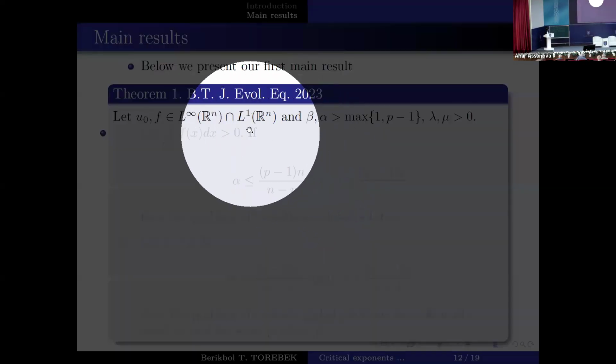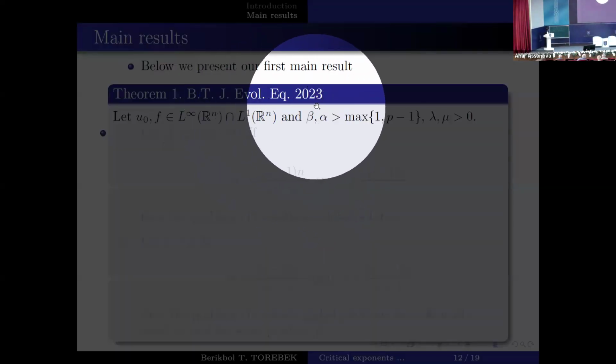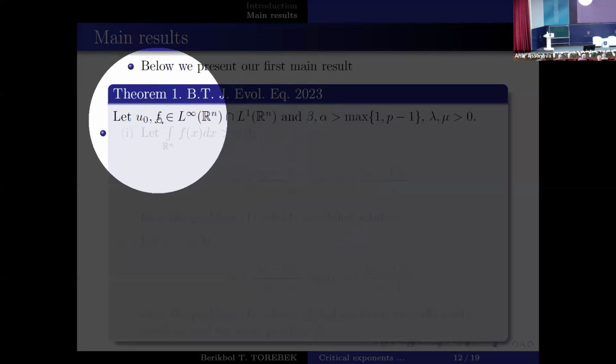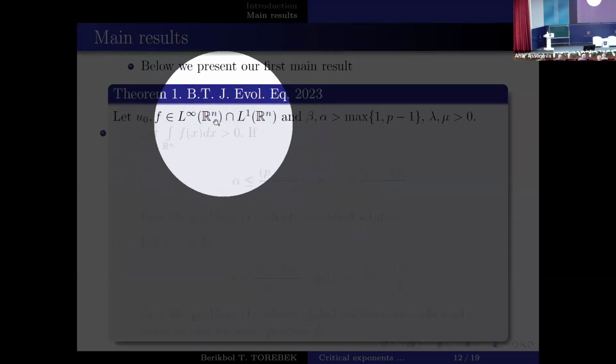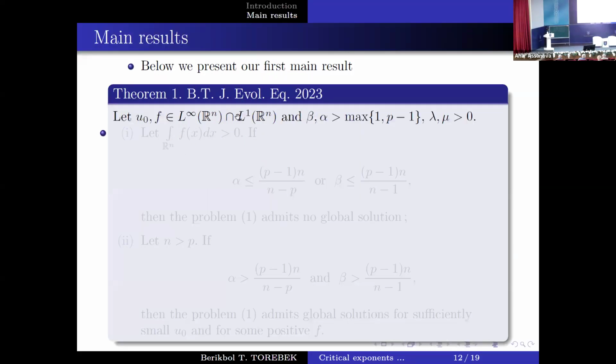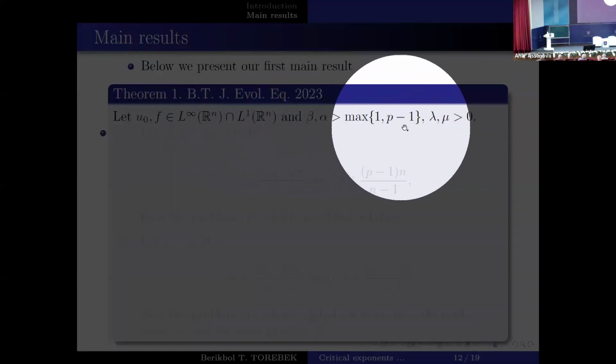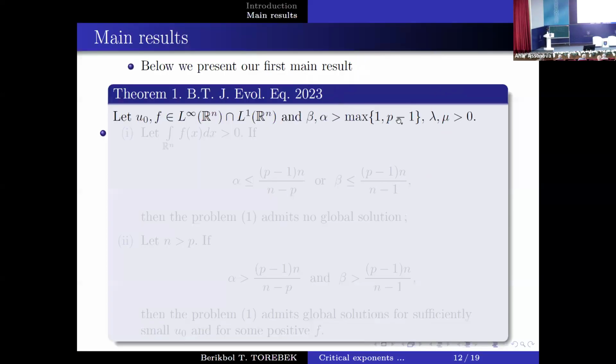This result was published in 2023 in the Journal of Evolution Equations. Suppose that u0 and the forcing term are from this space, bounded and integrable functions. Also suppose that beta and alpha are greater than the maximum value of these numbers.